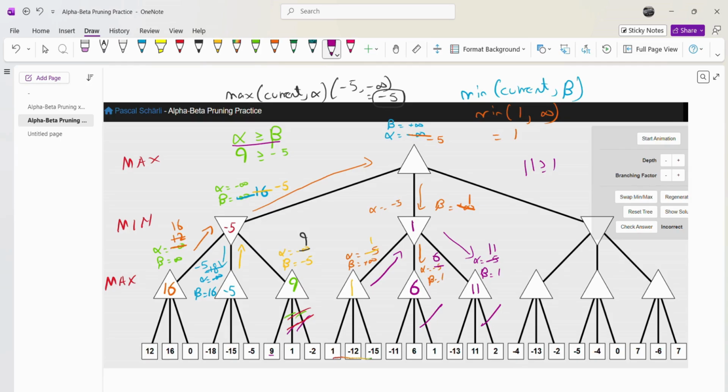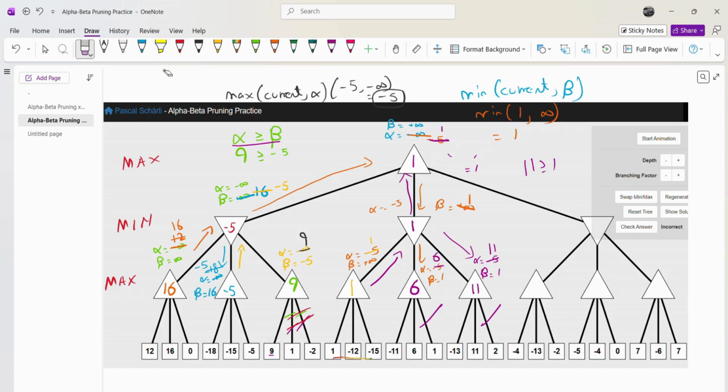So this 1 will get sent to its parent, and this is a max node. So it will compare the current value which it has, that is negative 5, with 1. The comparison would be max between negative 5 or 1, and the max value over here is 1. So this becomes 1 and alpha over here also becomes 1.